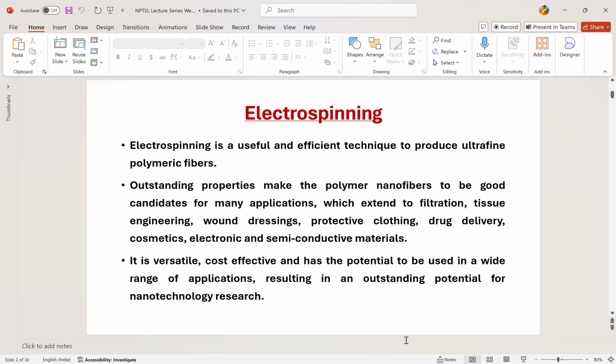How will it work as a filtration? How can it work as a filter? Any idea how it can work as a filter? Yeah, acting as molecular sieve. You're correct.